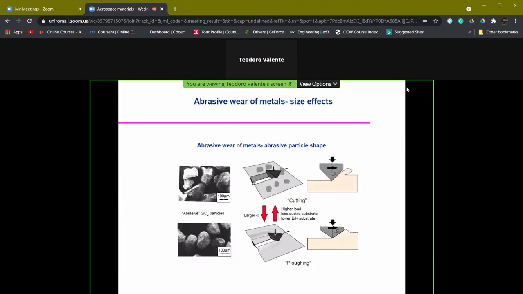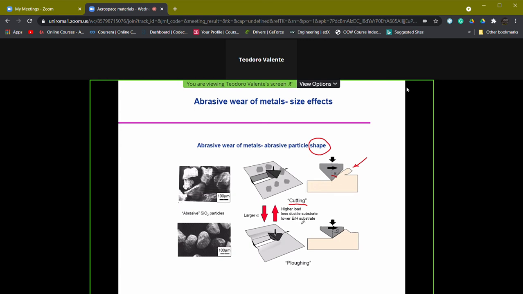There is also some effect in abrasive wear depending on the shape of the particles or of the asperities. When the angle which characterizes the asperities is low, a sort of cutting phenomenon, as in tools, can happen.